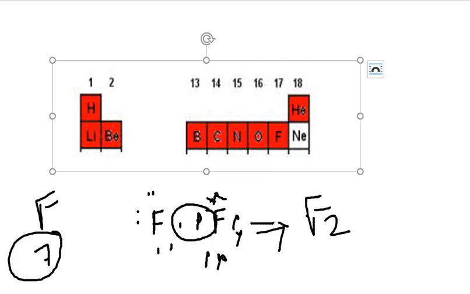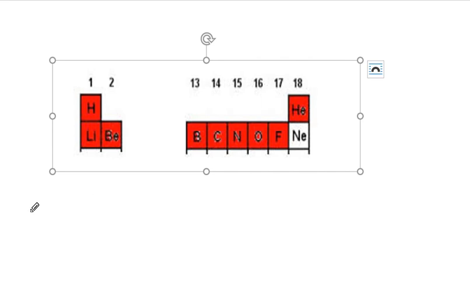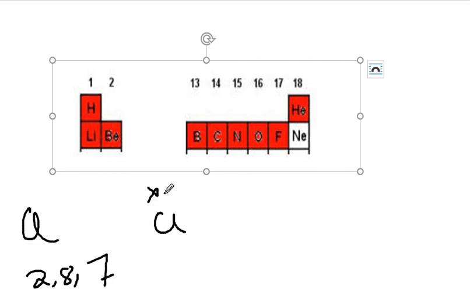Similarly, let's say chlorine. Chlorine has a total of 17 electrons, so we can make the configuration like this: 2, 8, 7, where the last shell has 7 electrons. Let us draw. Chlorine 1, 2, 3, 4, 5, 6, and 7.